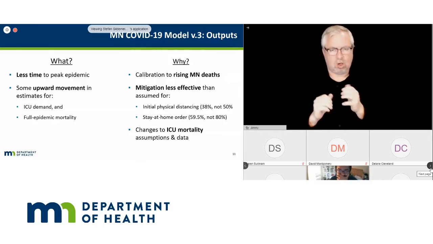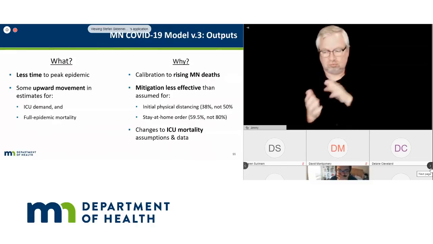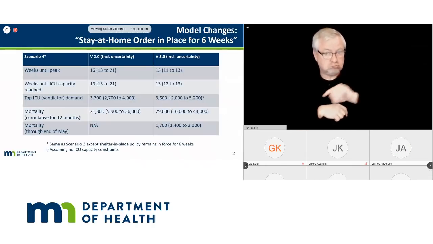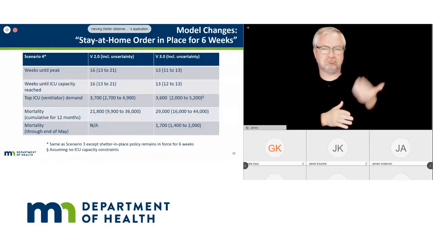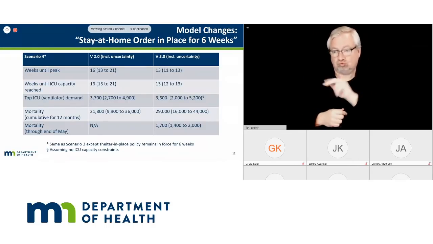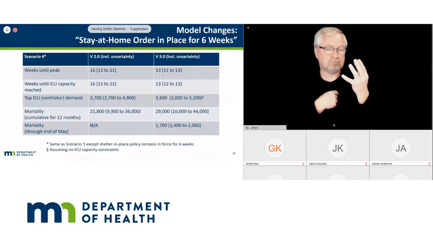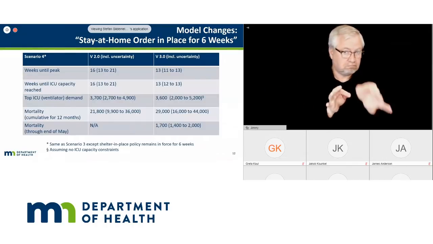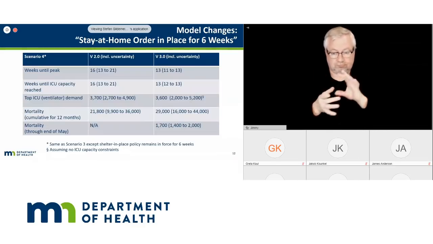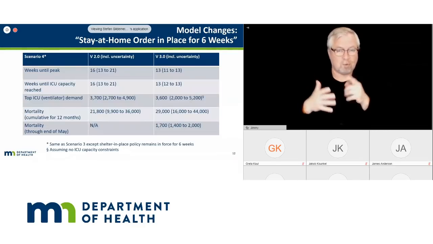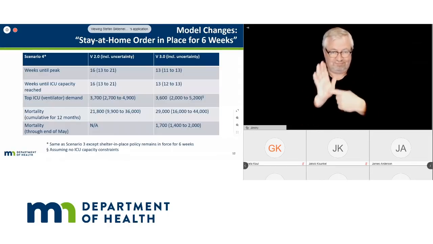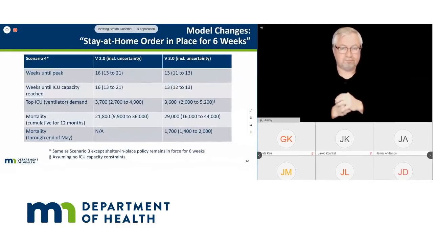The point here is not to dwell on this, because this is really in the past. Scenario 4 assumed stay-at-home order till early May. We have moved past that, but had we modeled scenario 4 on version 3, what would the outcomes have looked like? How does this compare to results that we produced with version 2?